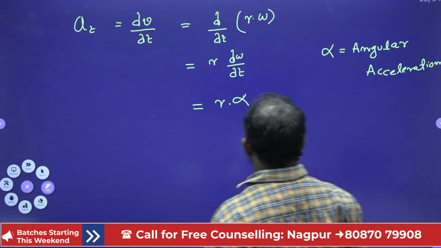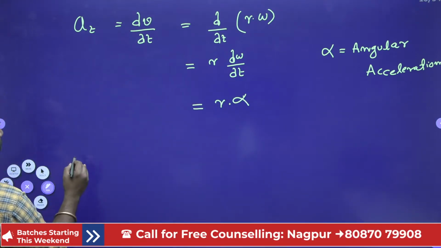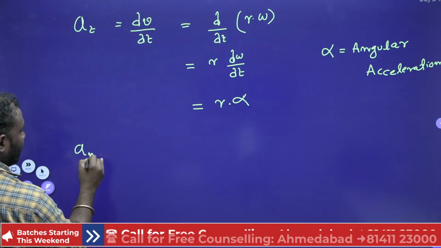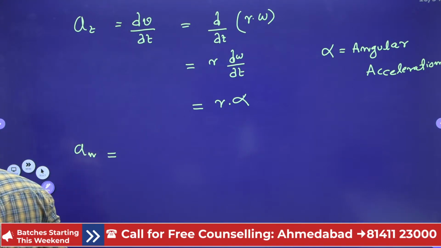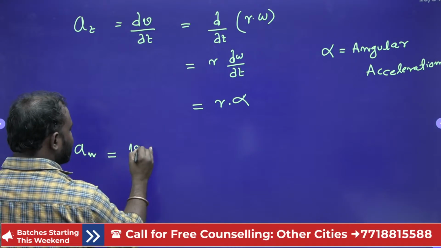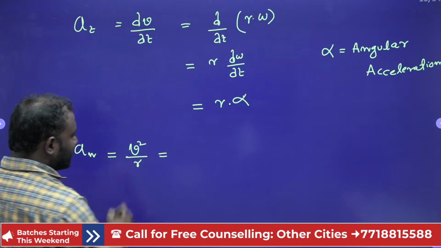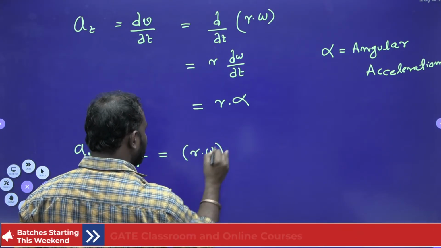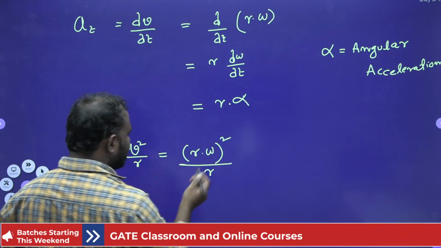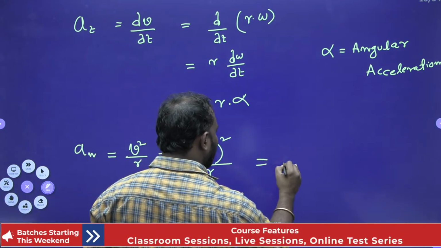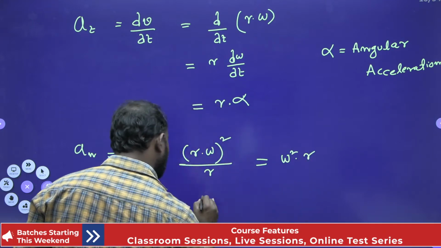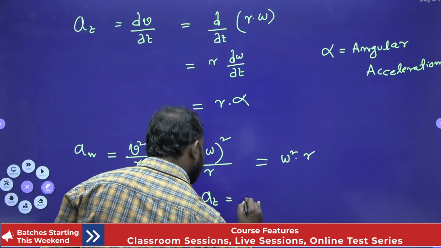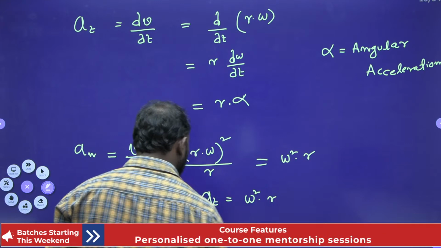Now similarly find out AN. It is going to be v square by r. What is v square? r omega whole square divided by r, so I am going to get omega square into r. So AN is equal to angular velocity squared into radial distance.